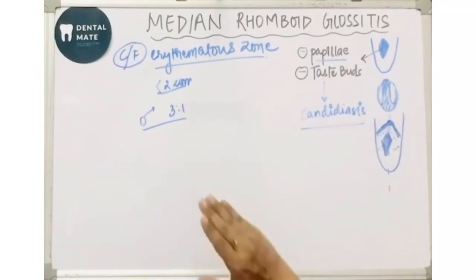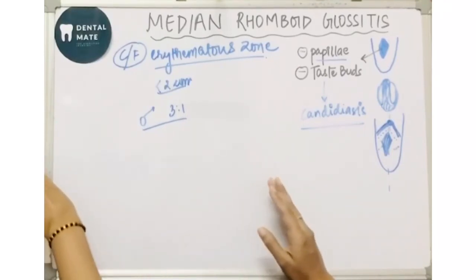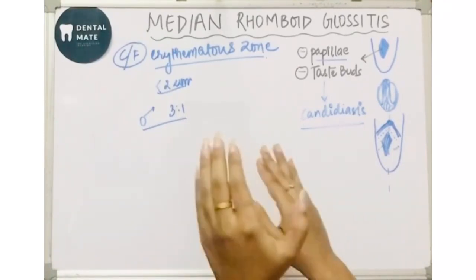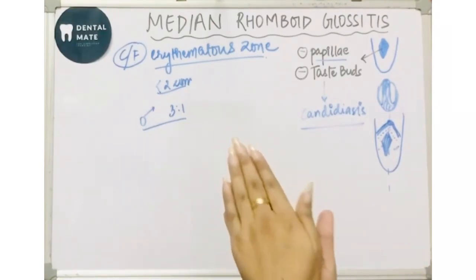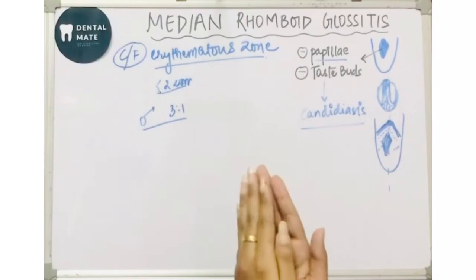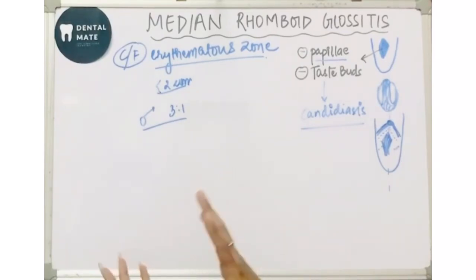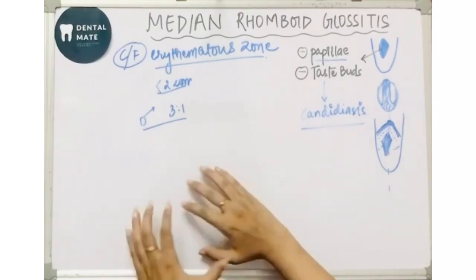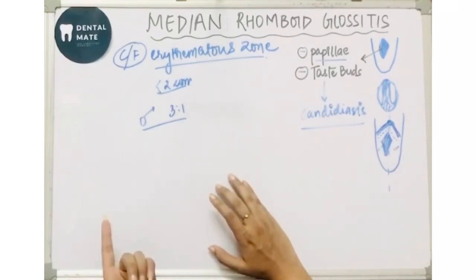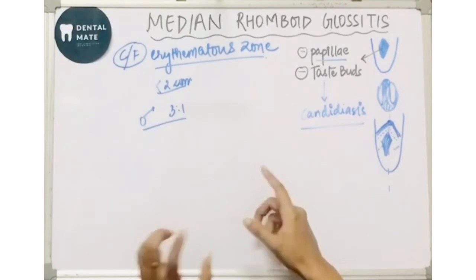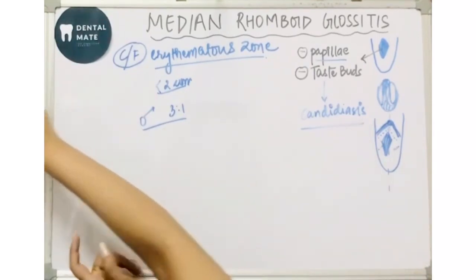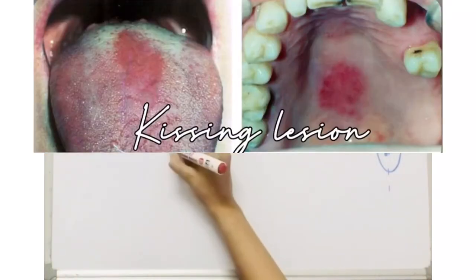Sometimes what happens is that the tongue touches over the soft palate. The tongue touches the soft palate in the midline, and in the midline of the soft palate sometimes erythema is seen because of the routine contact with the underlying tongue involvement, and this is known as the kissing lesion.